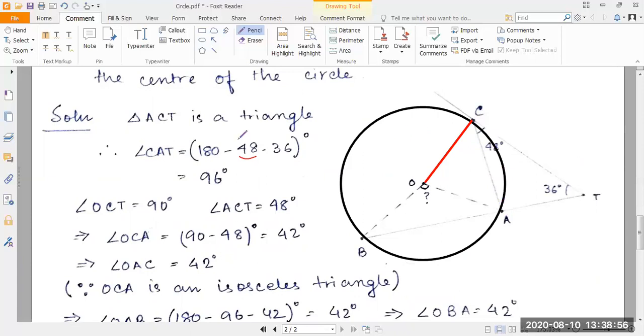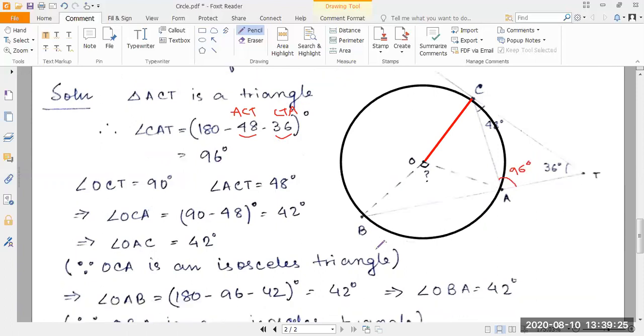So this 48 represents ACT, and this 36 represents CTA. If you do this calculation, 180 minus 48 minus 36, you end up with 96 degrees. So I find CAT is essentially 96 degrees.